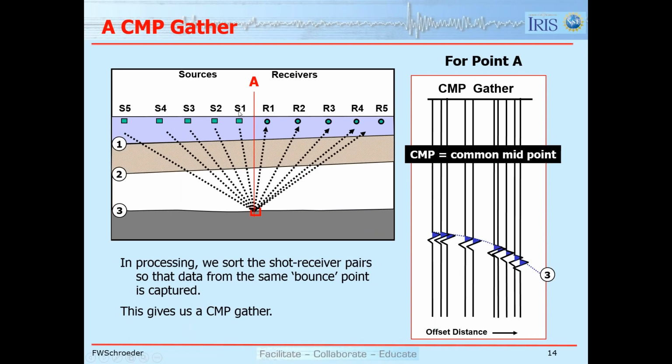Gather means a collection, so it's a collection of these 5 shots into these 5 receivers. I think there's probably 10 shown here, and the reflections again will be hyperbolic, but the traces may not be evenly spaced given the geometry of the survey and any problems that we may have had getting perfect coverage.